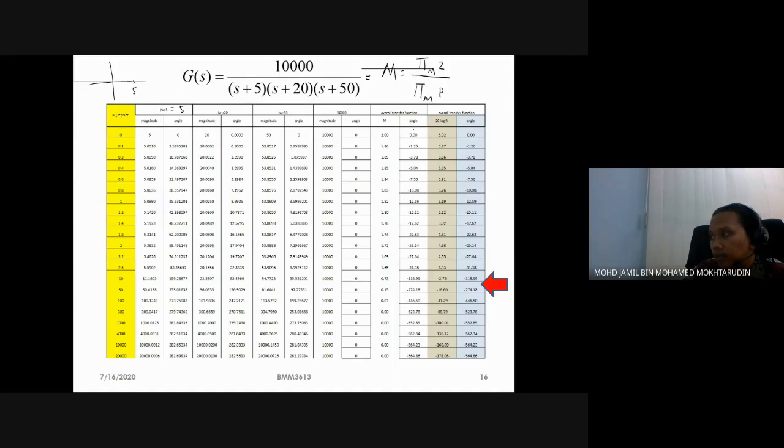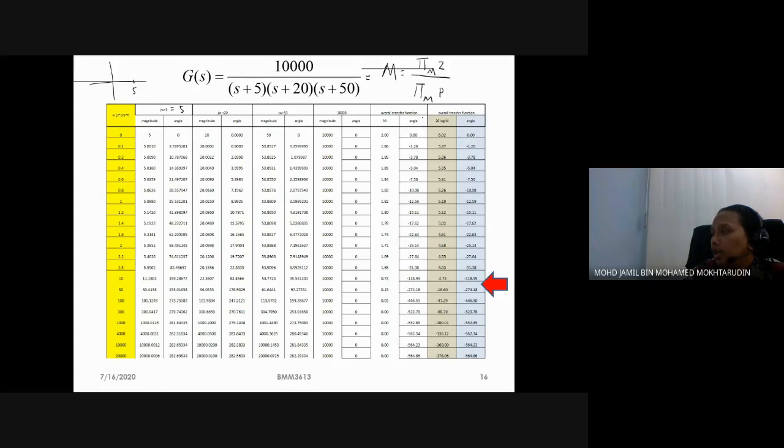So that's the formula for magnitude. So what this answer calculates is basically 10,000 divided by 50 times 20 times 5. So you get 2.